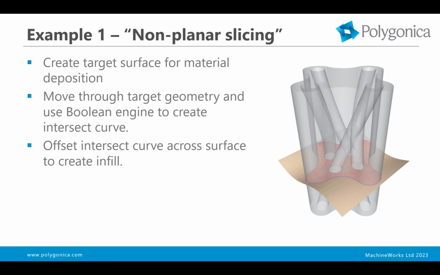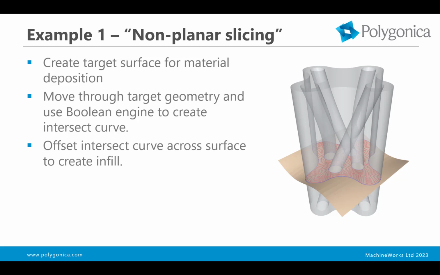So now I'm just going to quickly run through the three examples I'm going to show you. The first we're calling non-planar slicing to distinguish it from what's typically used in additive, which is planar slicing, where you're creating slices that lie in a plane, and then you do hatch and infill that lies in a plane. With non-planar slicing, the idea is that you take a surface that may or may not be a plane, and you move that through the part, creating the intersect curve with PF solid pair create intersect curve.